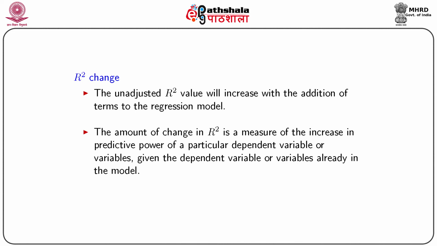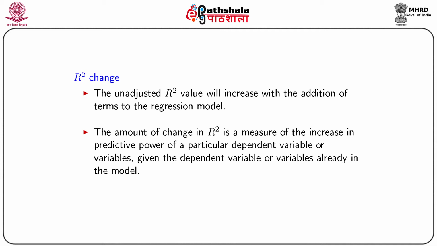Now, there is also a change in R square, or the coefficient of determination, that happens by changing the set of explanatory variables that are included in a multiple regression model. As I have pointed out before, when we observe R square and we wish to decide whether the model is a good fit or not, by the inclusion of every new explanatory variable, there is an improvement in the value of R square.